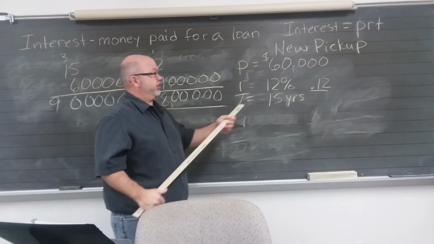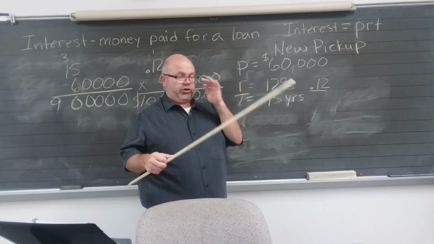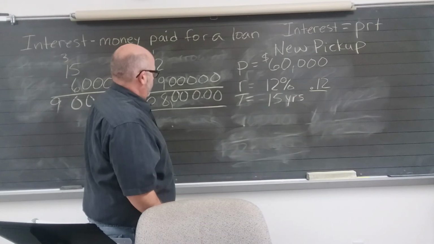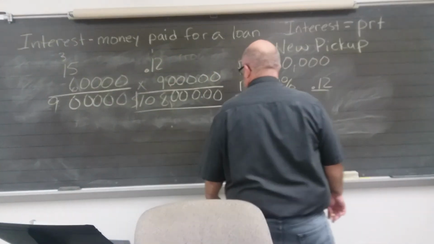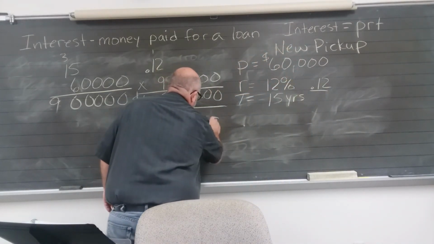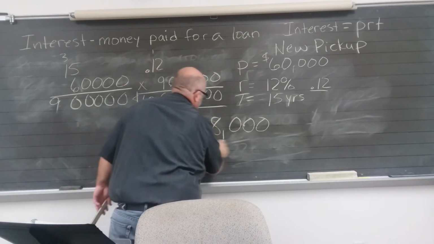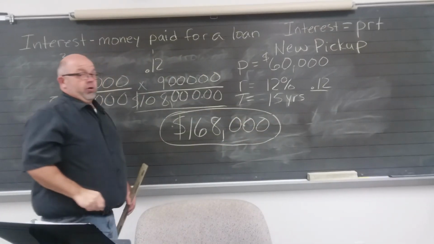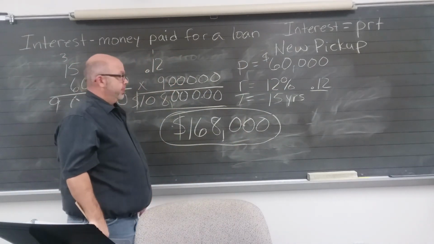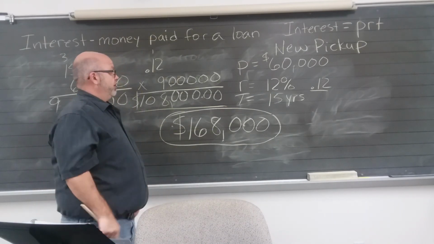You have also paid $60,000. So at the end of 15 years, if you make your monthly payments on schedule, you will have paid, what's 108 plus 60? $168,000. For a new pickup whose price was $60,000. $168,000. It's making payments for 15 years.